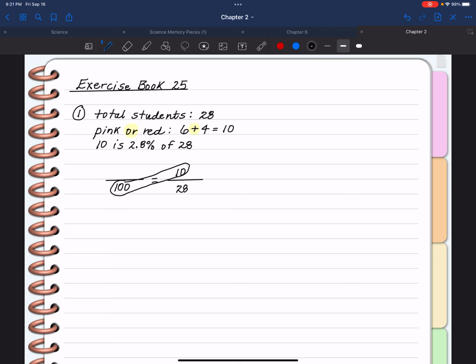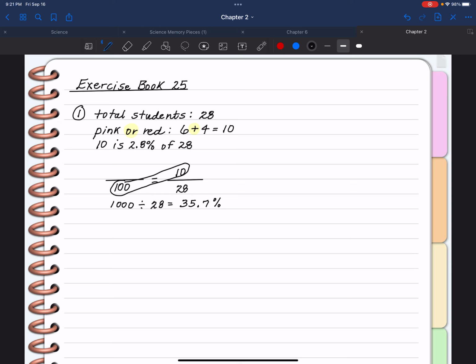So that's going to be 1,000 divided by 28. And 1,000 divided by 28 is 35.7%. So Susan was not correct. We can say that she is not correct.